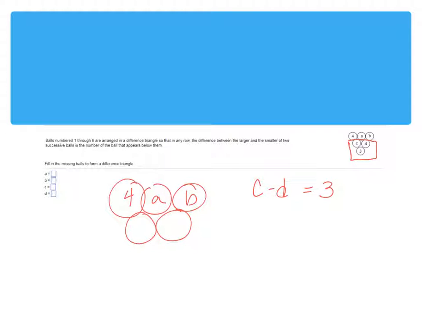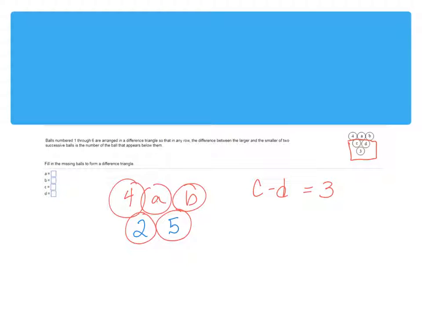But maybe I can make it a 5 and a 2. Well, that's not going to work because I can't subtract something from 4 and get 5. So let's try 2 and 5. So if I put 2 here and 5, the difference between them is 3.